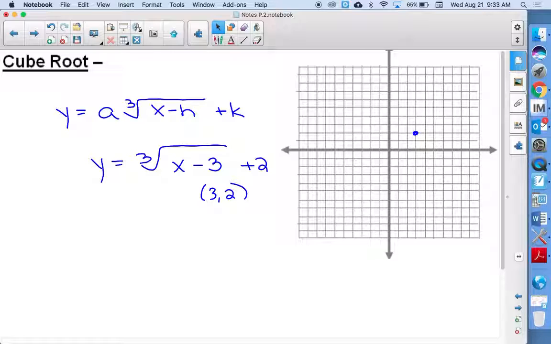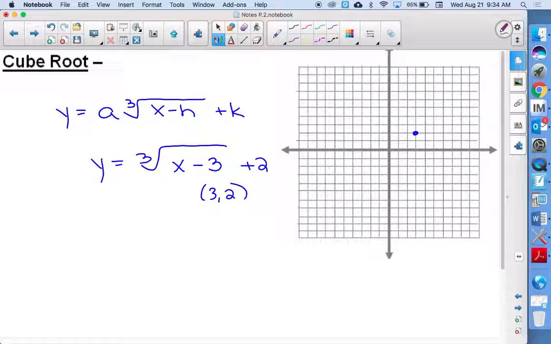I'm taking the cube root. Dylan, what's the cube root of 1?